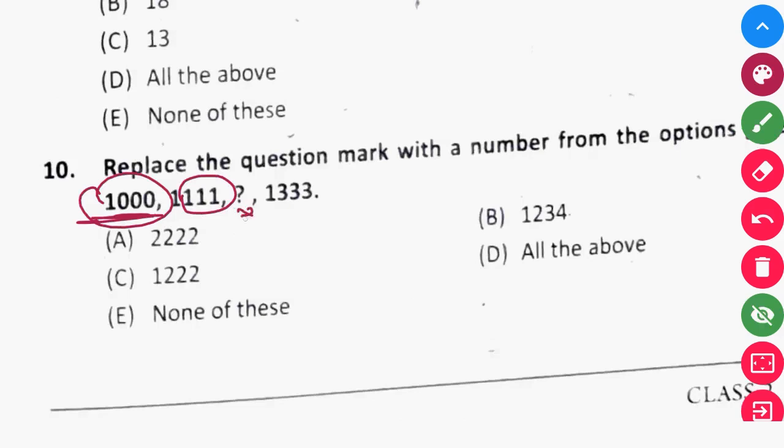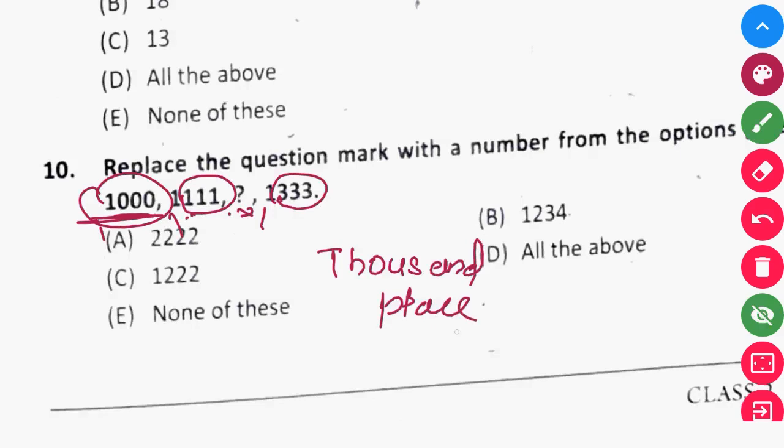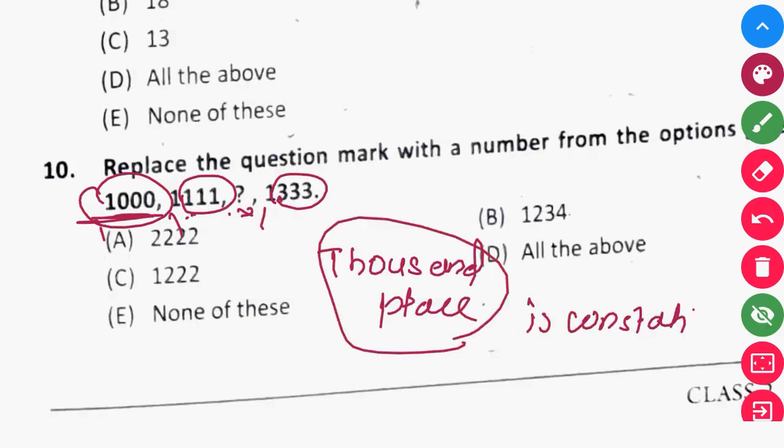Then the next number is missing, and then the last three digits become 333, and 1 is constant, means the number which is at the 1000s place is constant everywhere, and the hundreds, tens and ones positions are changing.